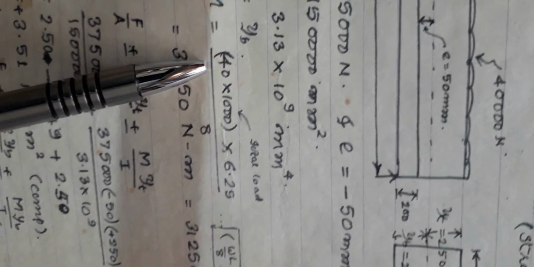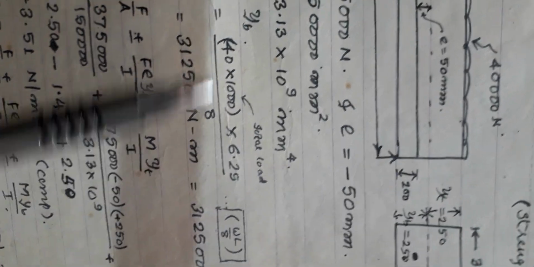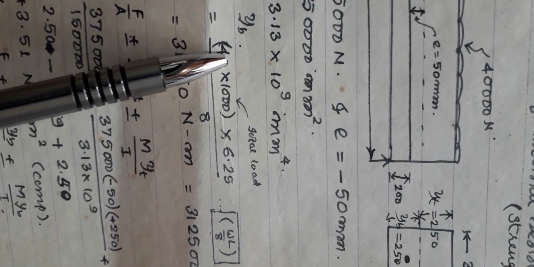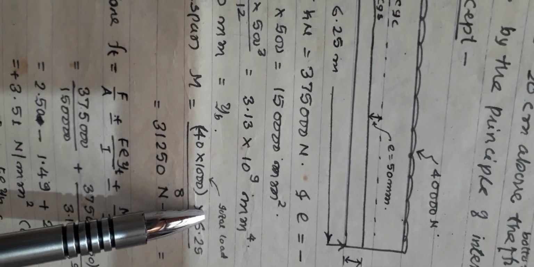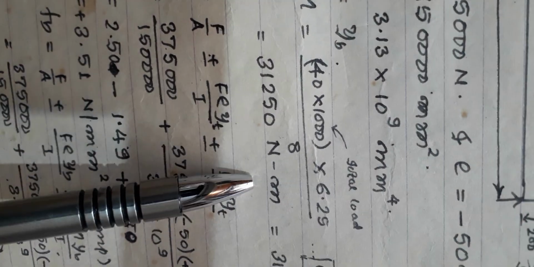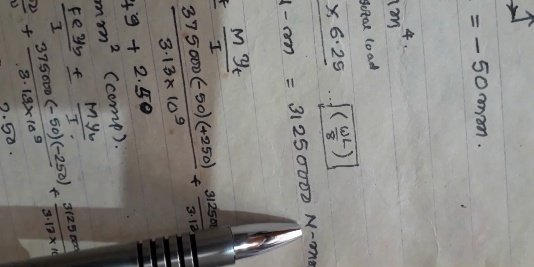So it is WL by 8, not WL square by 8. W is 40 into 1000, span is 6.25, divided by 8, which will give me 31250 newton meter, or 31,250,000 newton mm.